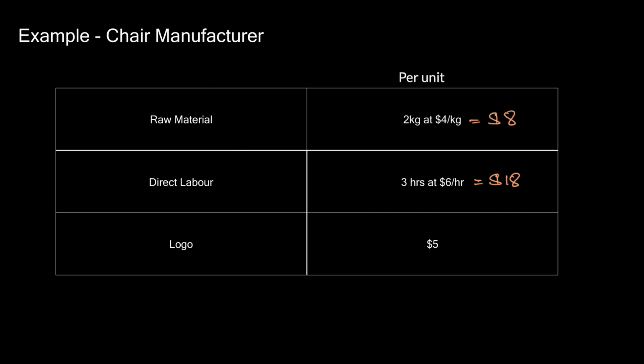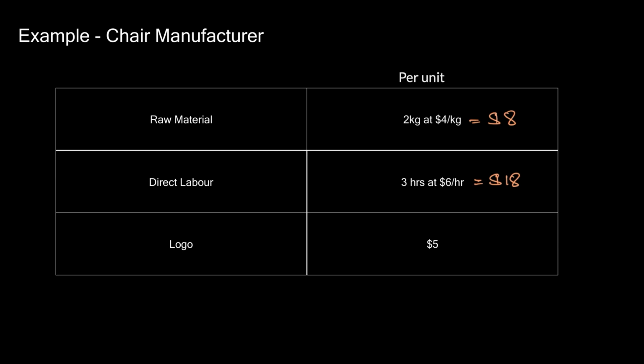That's why these costs are called direct cost. And let's say for every chair that I make, I will attach a logo to it. That logo costs me $5 per unit. Now these 3 costs over here are all direct costs that are already available on a per unit basis. So they will help me in calculating my total cost per unit, right?